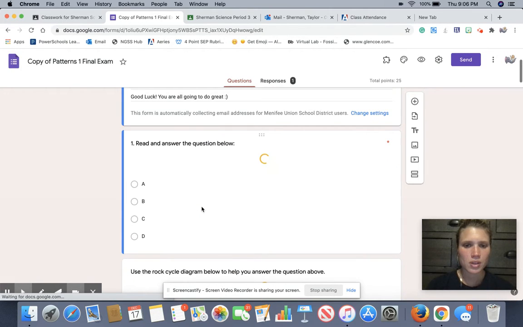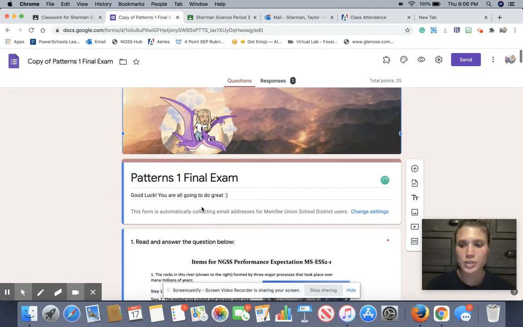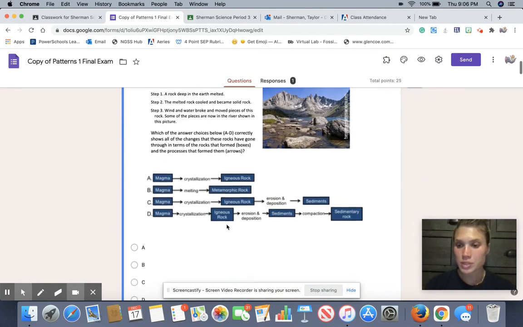Okay, it's loading. You can only submit one, so just be mindful and take your time. It's super important that you do well on this. It is your final, so it's worth a big chunk of your grade. It's actually worth 2 assessment scores.